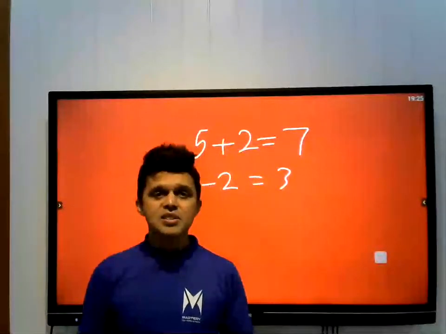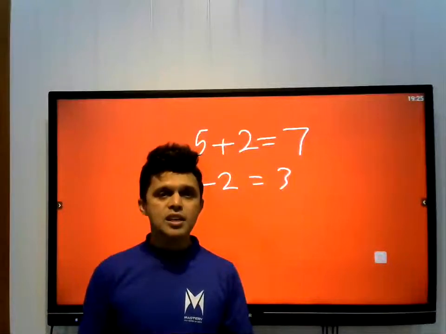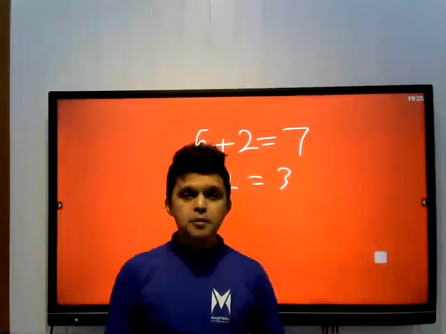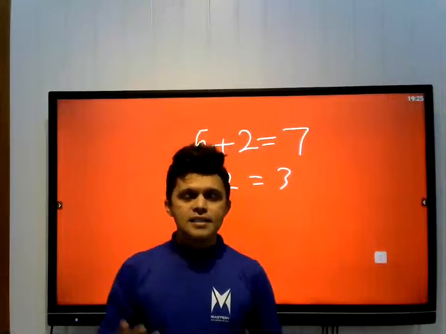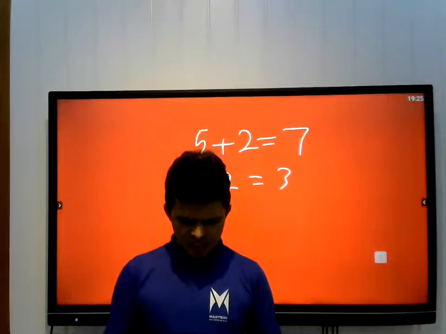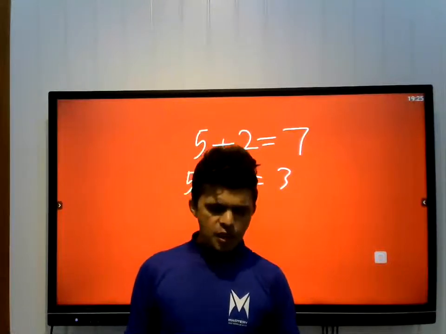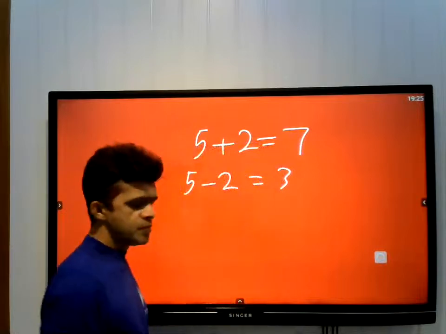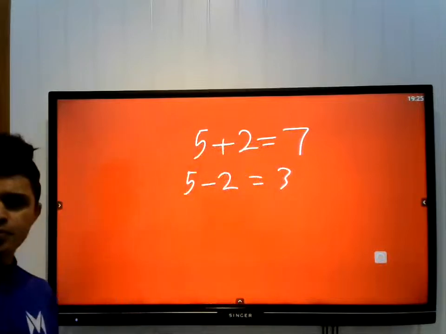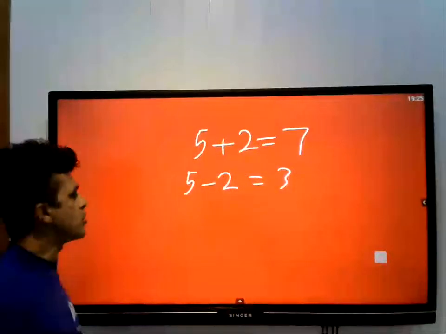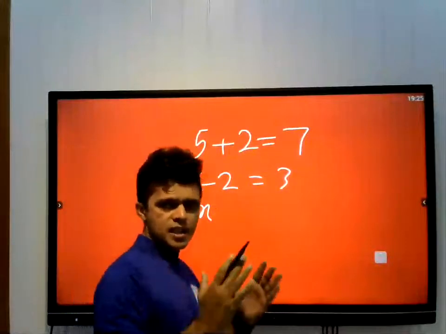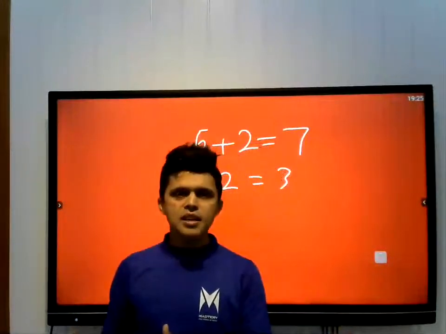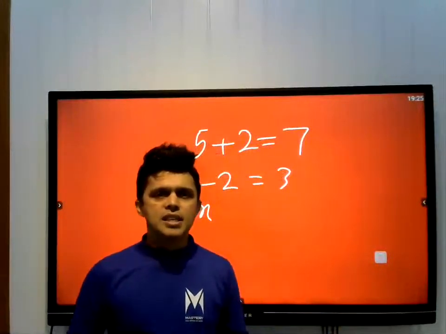How can you realize these relations? I mean, in this way. So 5 plus 2 equals 7 and 5 minus 2 equals 3.